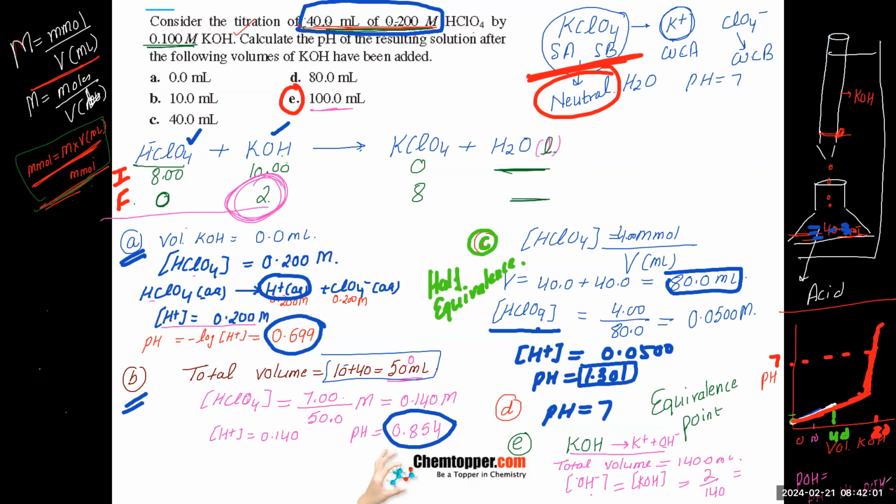So who is doing the calculation? The concentration of OH minus I have calculated. It is 0.0143 molar. Then I'm going to convert this into pOH by taking the negative log of this answer.